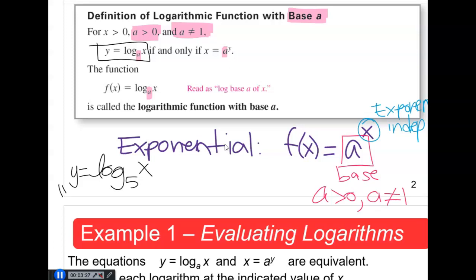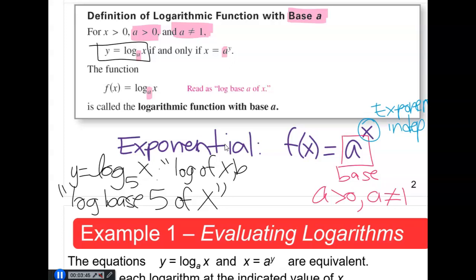Of course, there are other options: log base 5 of x, or we could also refer to it as log of x base 5. And so that little number, it could be a 10, it could be a 2, it could be a 1/2, as long as it's greater than 0 and not equal to 1.